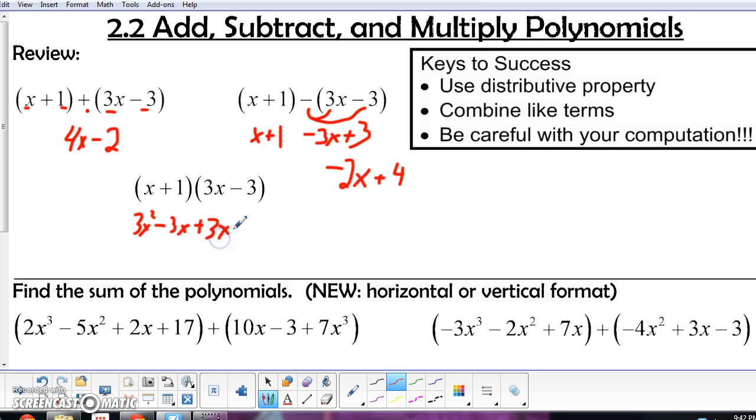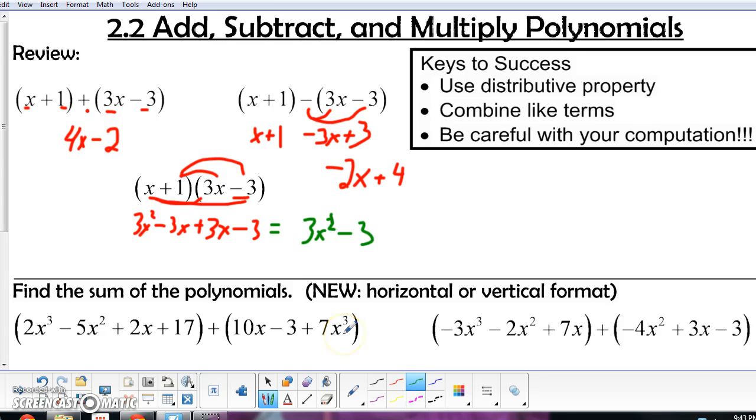After I've distributed all of these terms, once I'm finished FOILing or distributing every term, then I go ahead and combine the like terms. Negative 3x and positive 3x together makes for 0. So this expression, when simplified, will equal 3x squared minus 3.